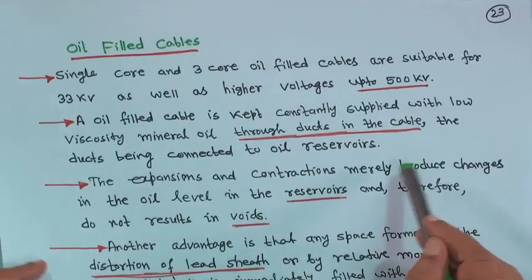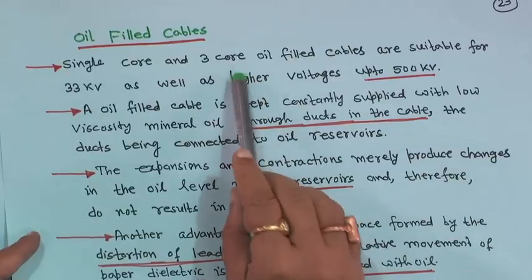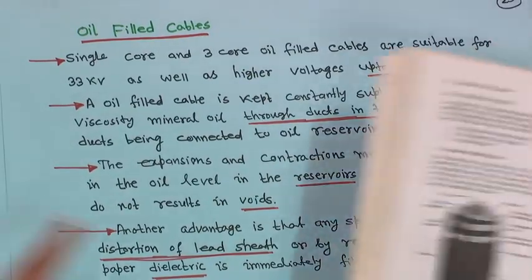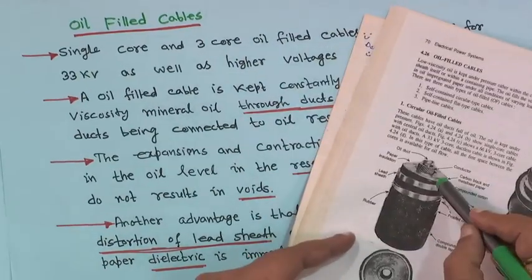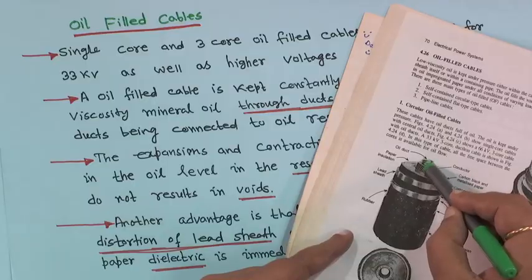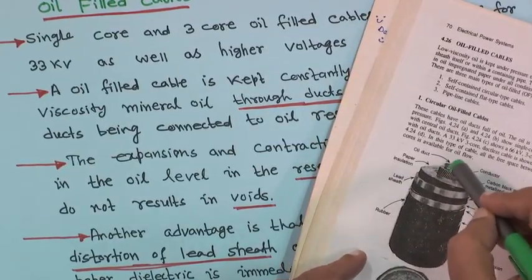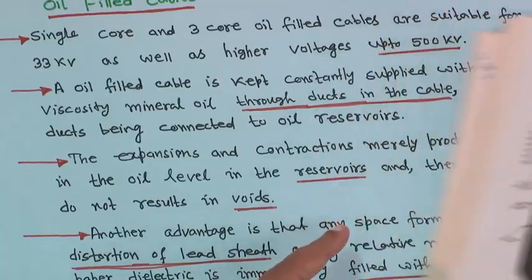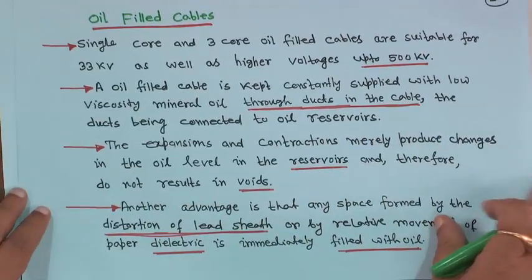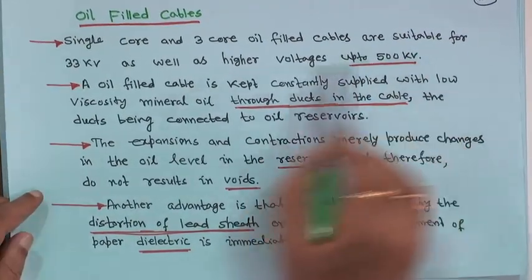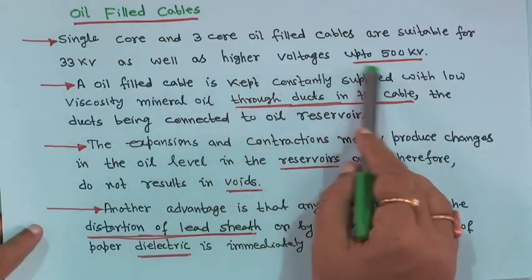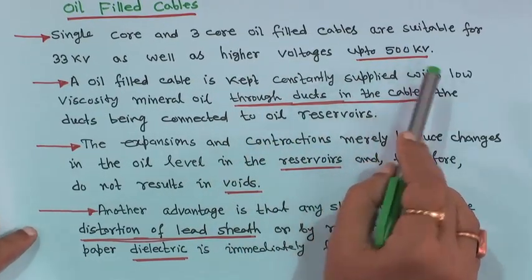For example, oil filled cables, single core and 3 core. This diagram is an oil filled cable, this is the oil duct, right, and if you look, the conductor is on it. So single core and 3 core oil filled cables are suitable for 33 kV as well as higher voltages up to 500 kV.